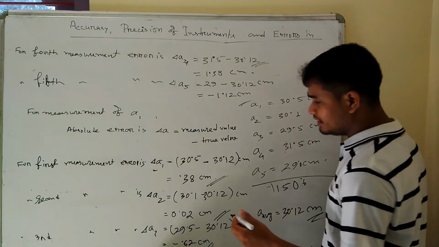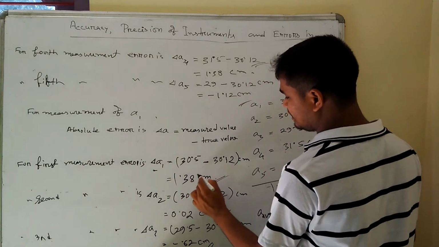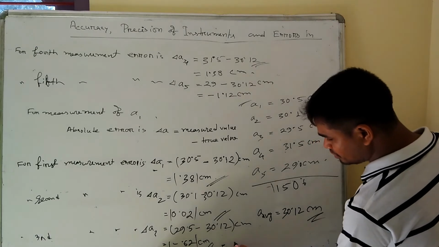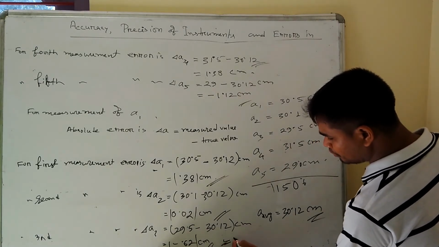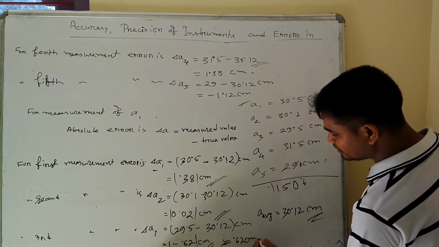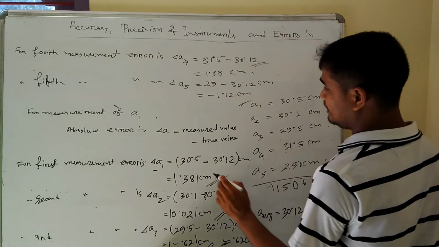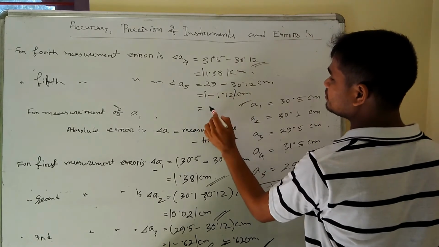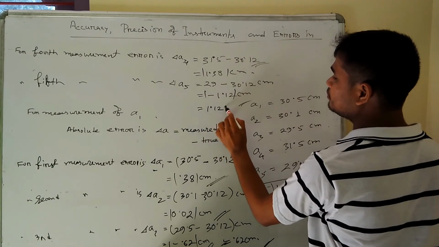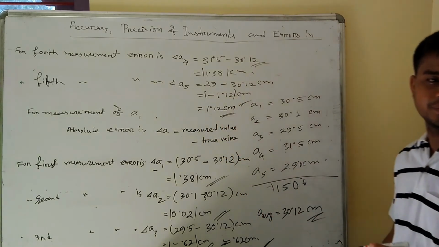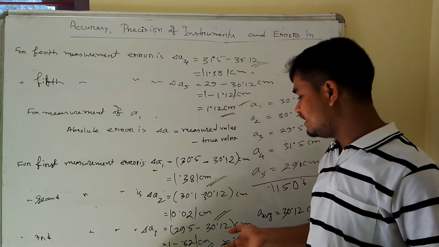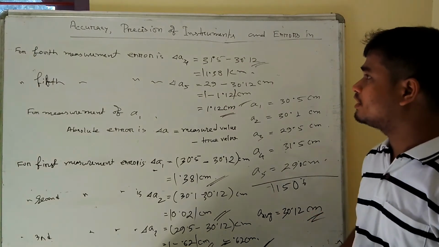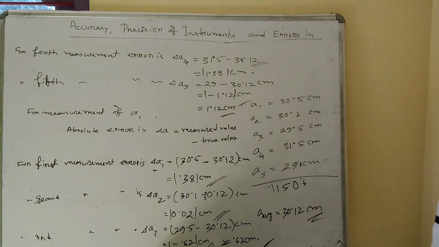Therefore, in all cases we can take the modulus. This value is 0.62 centimeter, and this negative value is 1.12 centimeter. We can take the modulus of the negative values, then all are positive. All are positive in absolute error.